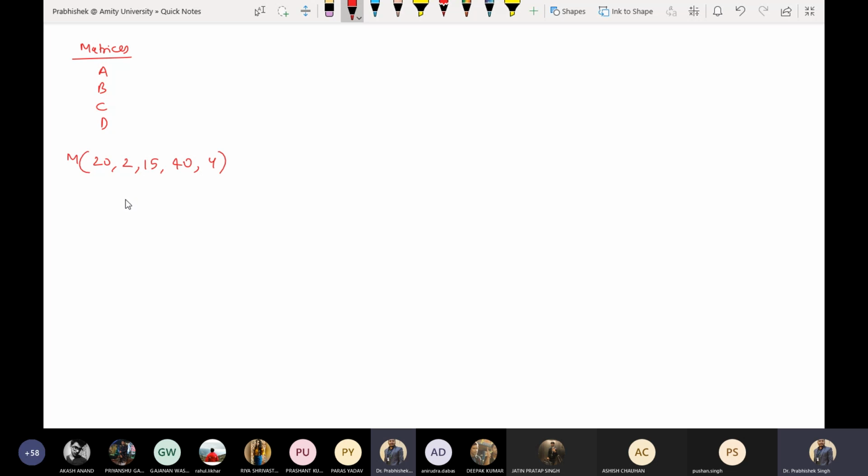Since the dimensions are given in this form, you can convert them into this form also. So what will be the dimension of matrix A? It can be 20 into 2. The dimension of B can be 2 into 15. The dimension of C can be 15 into 40, and the dimension of D can be 40 into 4.